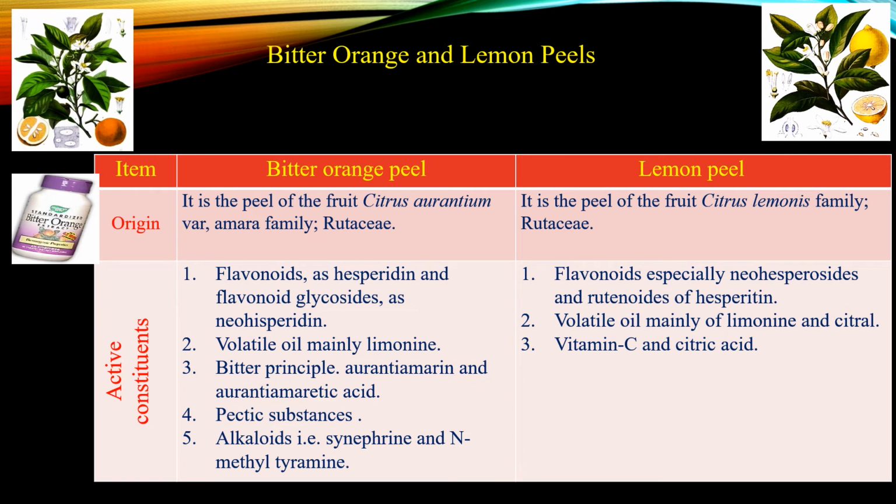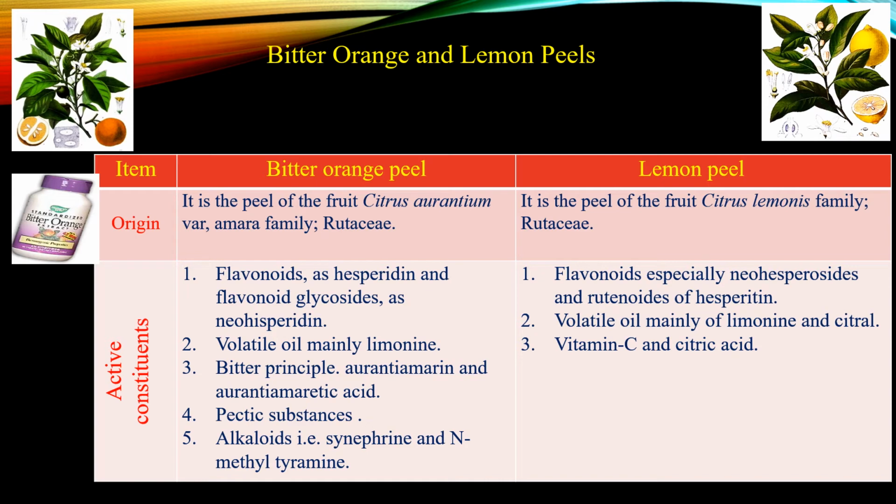We have two parts of fruits, which are the bitter orange peel and lemon peel. As we discussed before, the colocynth was a part of the fruit, the pulp, the inner layer of the fruit. Here we are dealing with the outer part of the fruit in bitter orange and in lemon.